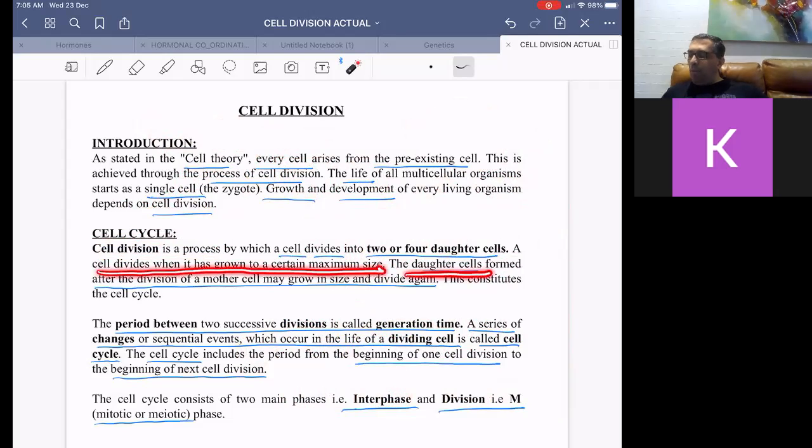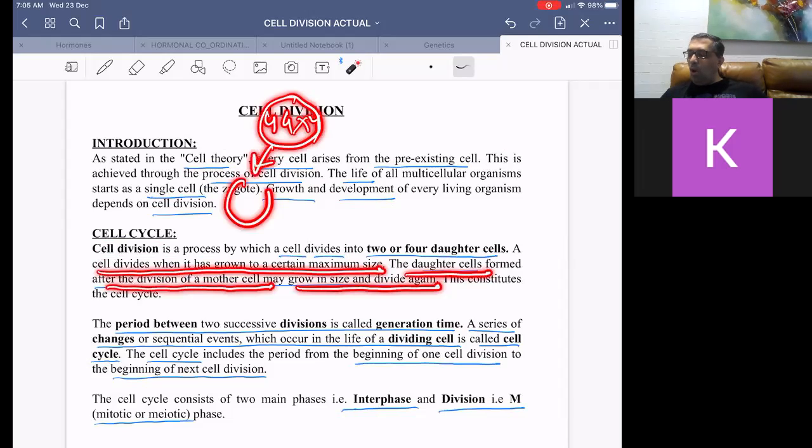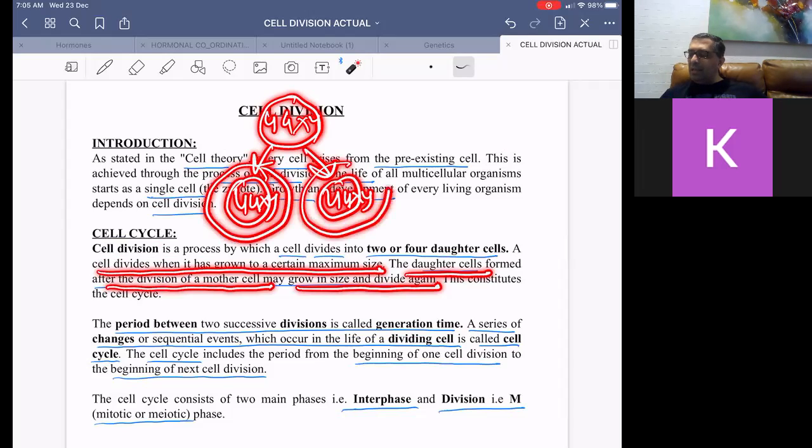Daughter cells formed after division of the mother cell grow in size and divide again. So, this is the mother cell and it will divide to form daughter cells. And daughter cells will grow in size, and after they grow in size, again divide to form daughter cells.